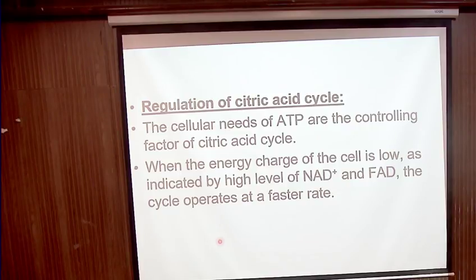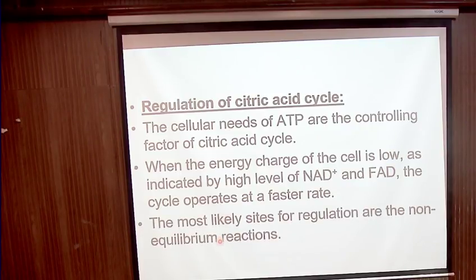But that's not the only factor. There are certain other factors involved in maintaining the TCA cycle per se. The most likely sites for regulation are the non-equilibrium reactions, wherever there is a shift, and there are other factors that play a role in the entire regulation.